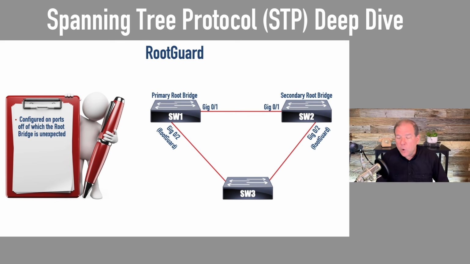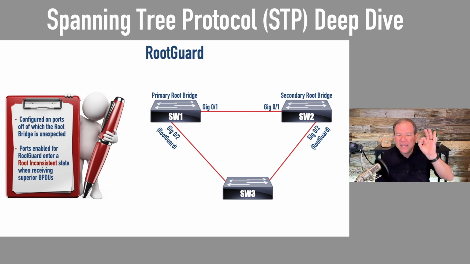superior BPDU. But let's say accidentally or maliciously, somebody adds SW3 to the mix, and they have reduced their priority to something just crazy low. And if they send a superior BPDU into switch SW1, switch SW1 says, hold on, I've got root guard enabled.